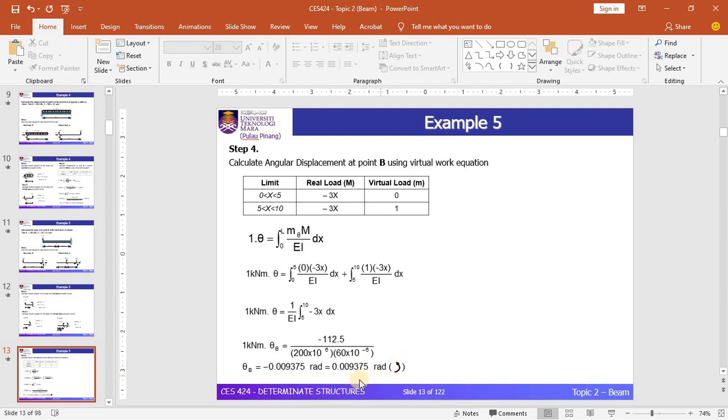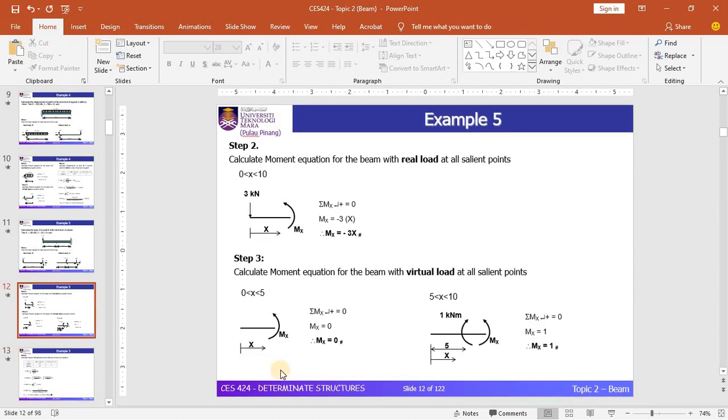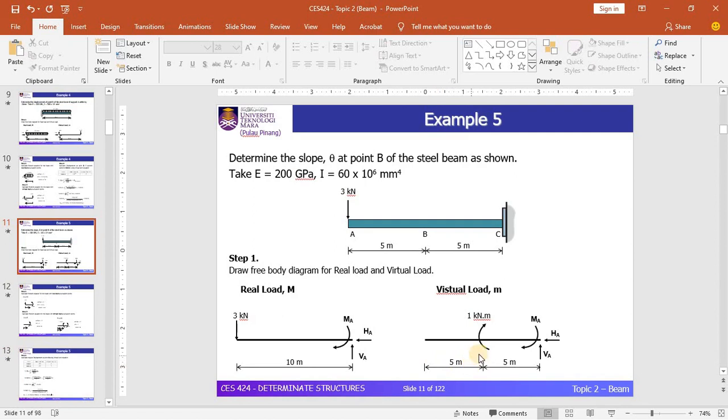So it is counterclockwise, but you can see the number has a negative sign. Why? Because in this case, we have applied 1 unit moment in a counterclockwise direction, but in reality you can imagine that the load is applied downwards, so this load will turn this beam counterclockwise.